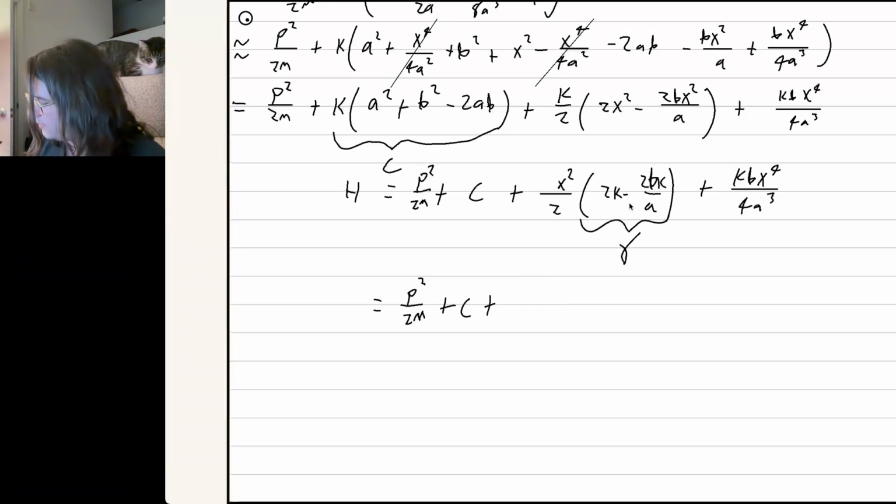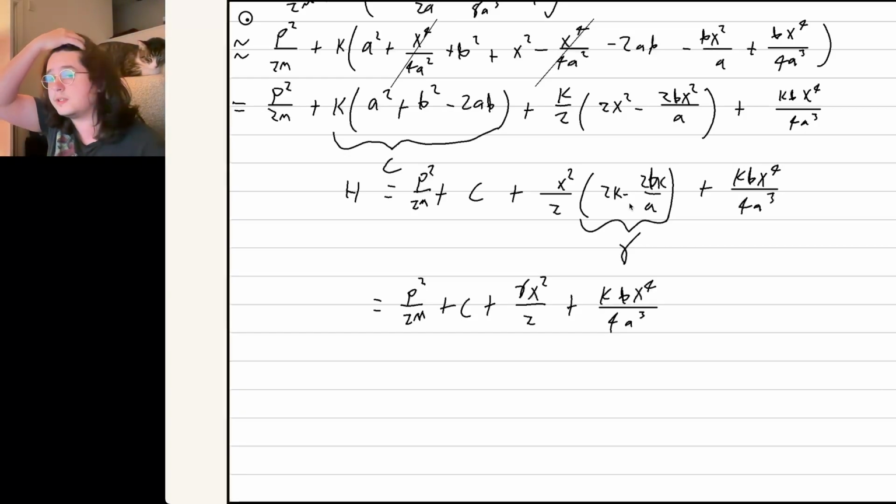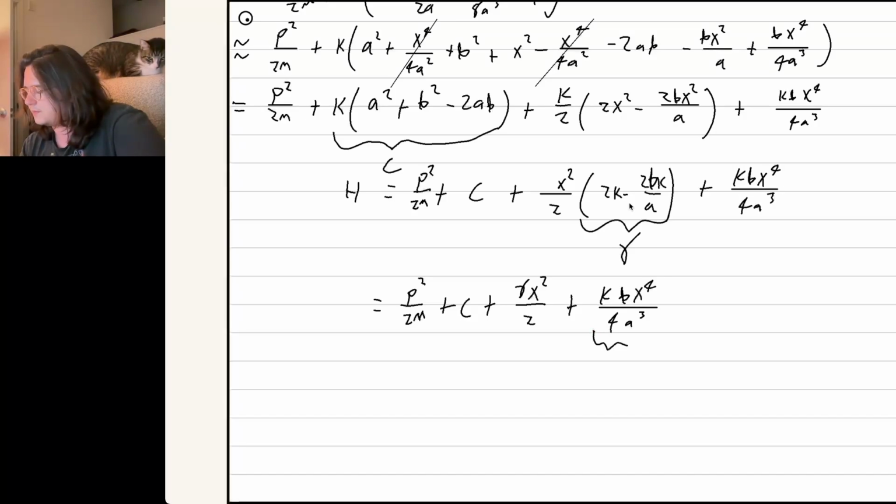We're going to have gamma x squared over 2 plus kbx fourth over 4a cubed. Now it's really obvious which of these terms is the perturbation term. It's this one. That's delta H, the perturbed Hamiltonian, where this stuff is H naught, the unperturbed Hamiltonian.